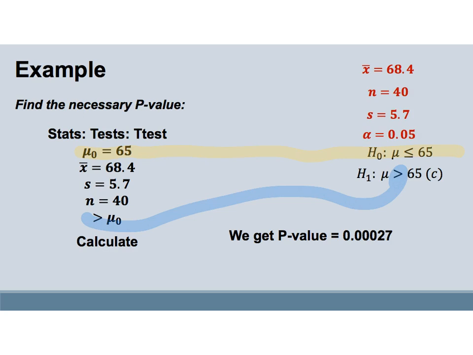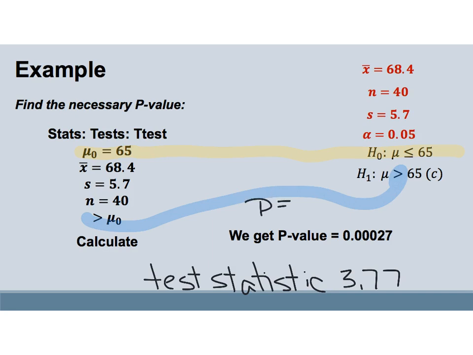So, again, like I said, if it asks for test statistic, which it does a lot on my stat lab, I won't ask you for test statistic on the class test. I'll explain why later. But if it asks you for test statistic, that's 3.77. And then it tells you that your P is 2.68 e to the negative 4.